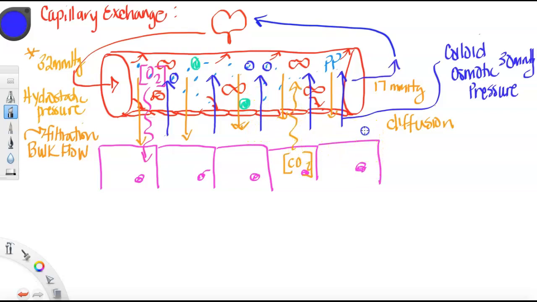That process is called reabsorption. Okay, all right, so bulk flow, write this out.